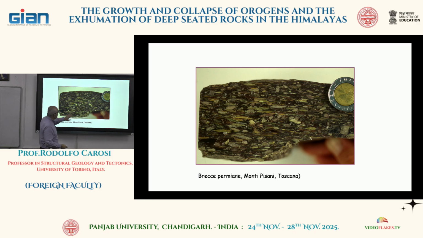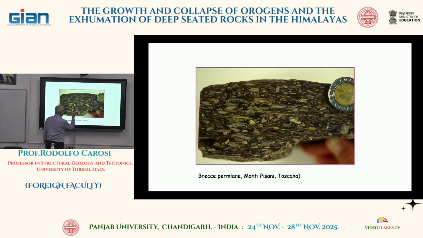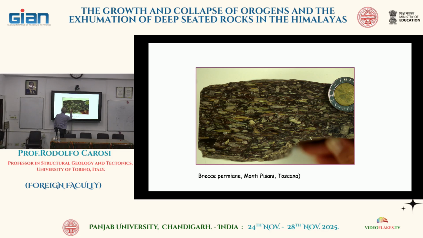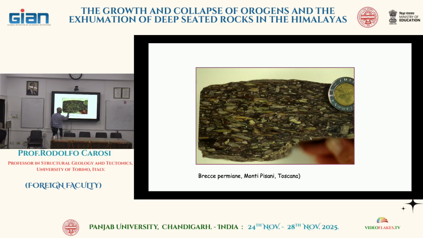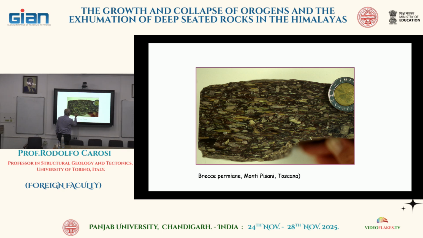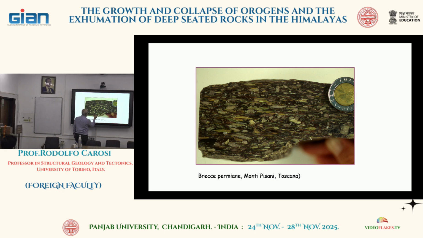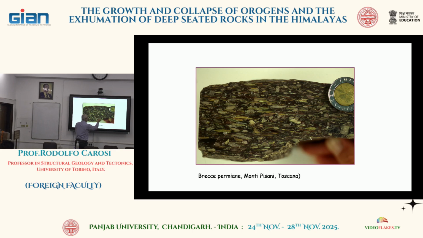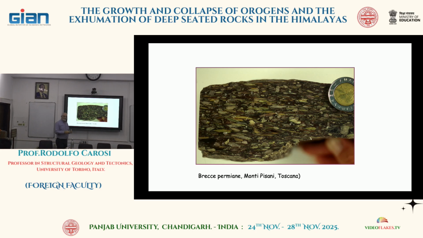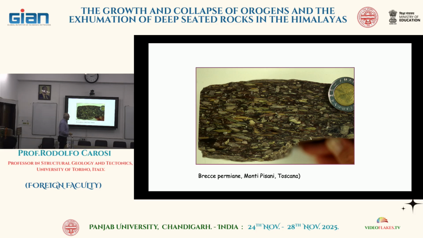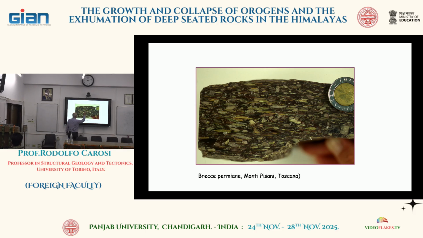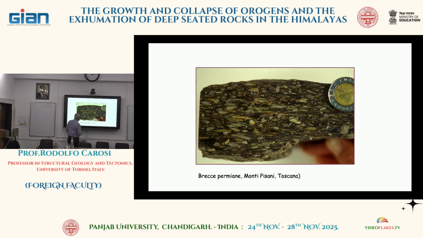So in this kind of deformation, it is better to use the Fry method because you use only the centroid position, because these clasts are much more deformed. This one, enriched in quartz, is less deformed. So if you use the shape of the clasts, you make a mix, so the result is not good. But if you use the Fry method, it's okay. You can gain good information.